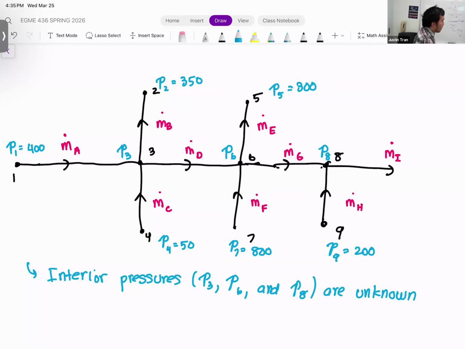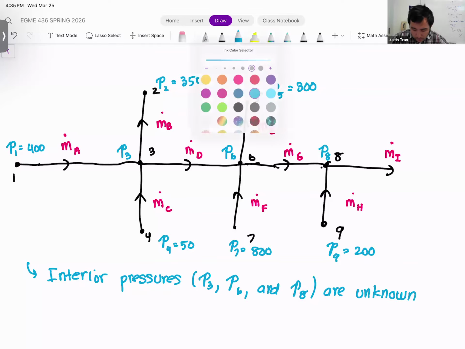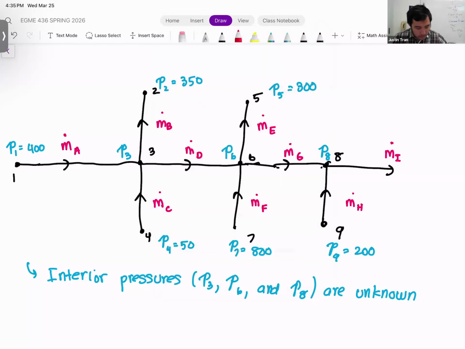So we're going to be using our SIMPLE method to essentially solve for those pressures. And then last piece of information, I forgot to mention it here. We do know the flow rate out, and so m dot is actually going to be 50.